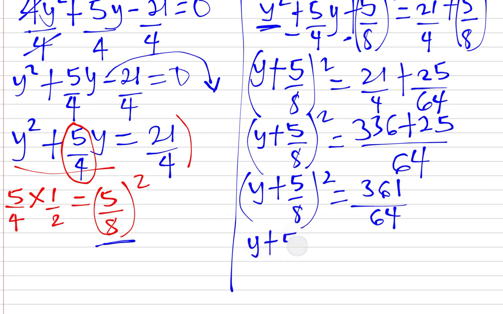Y plus 5 over 8 all squared. Are you seeing that? Before that, from this place now, I can square root both sides. You remember what we did that time?